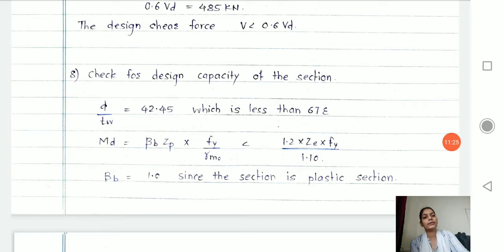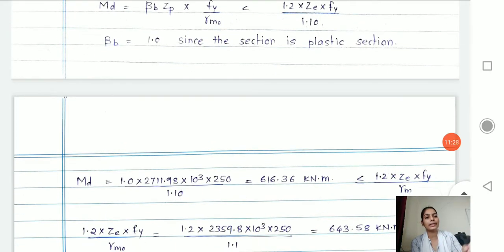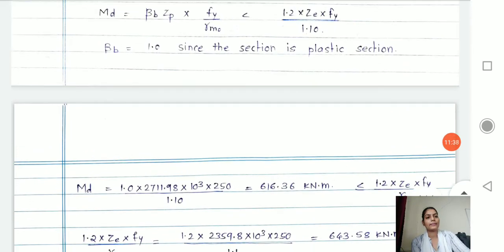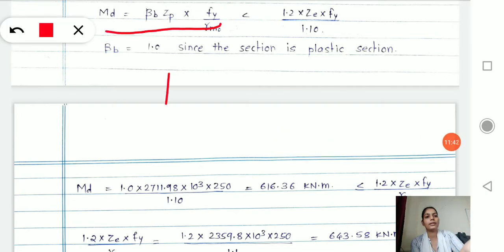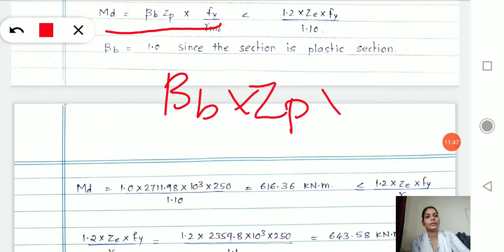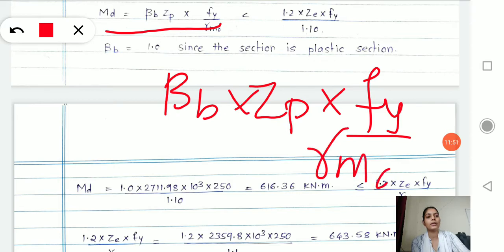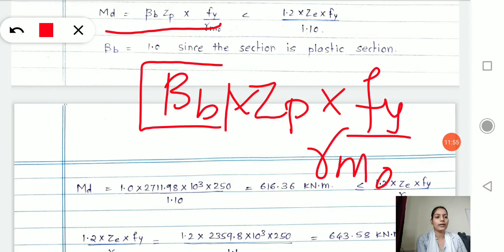So let's first calculate MD, the design moment, and then cross-check it with the given value. MD has a formula like beta B into ZP into Fy by gamma M naught. ZP we know, Fy we know, gamma M naught we also know. So the only value remaining to calculate is beta B.